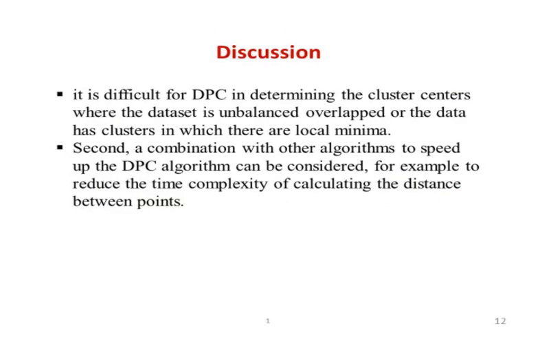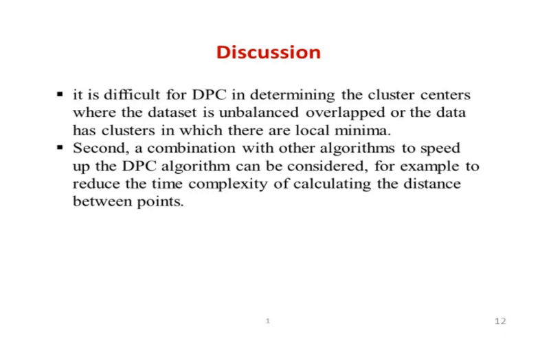From the analysis mentioned above, we can deeply understand the efficiency of DPC and also point out some comments as follows. First, it is difficult for DPC in determining the cluster centers where the dataset is unbalanced, overlapped, or the data has clusters in which there are local minima.